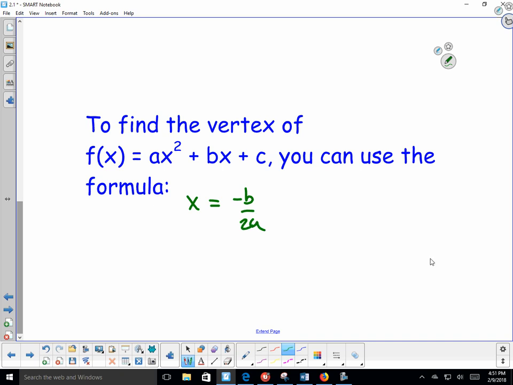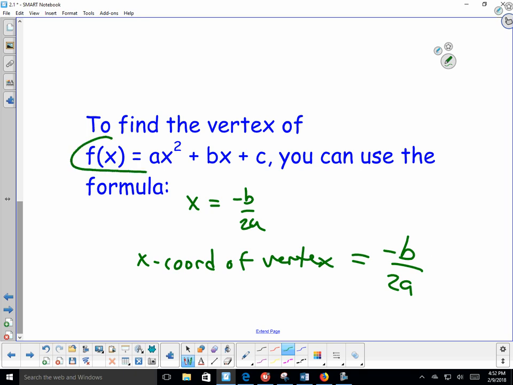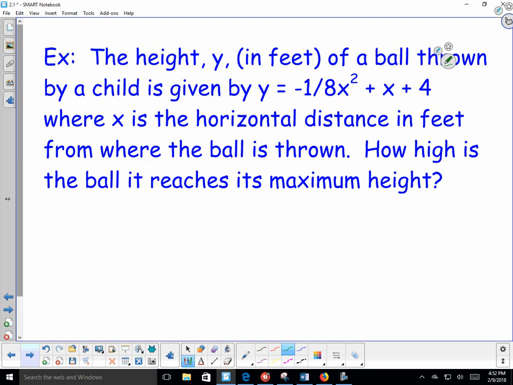This really means the x coordinate of the vertex is equal to negative b over 2a. Very handy formula in case your function is in, I'll call this general form as opposed to standard form. And then once you find the x coordinate, you could plug it in to find the y coordinate of your vertex. All right, so let's try this example out with this problem.